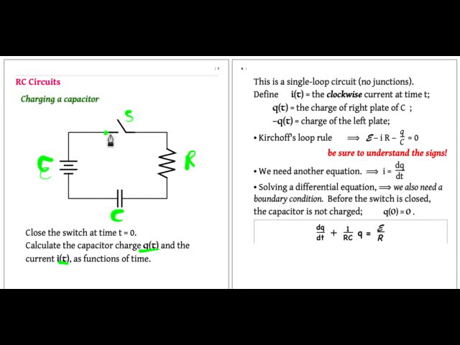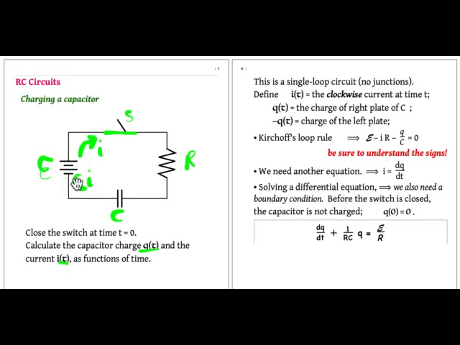Now let's close the switch and let's imagine what's going to happen. Well, this is the positive side of the battery. So current I will flow in this direction. It's like positive charge will flow away from the positive side of the battery, and negative charge will flow into the negative electrode of the battery.